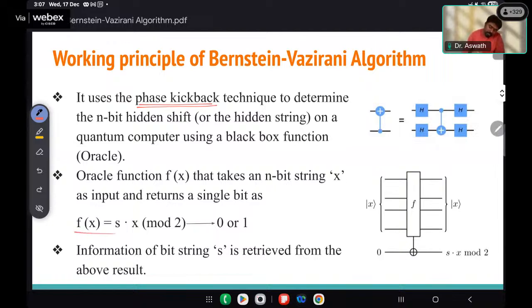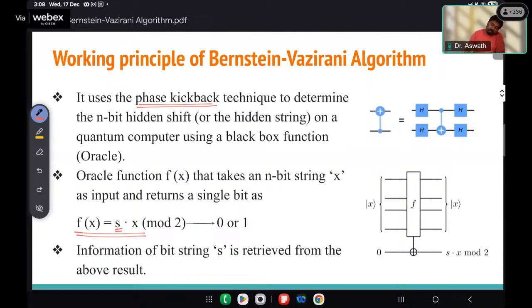That function is the shift multiplied bit by bit with the x argument string. The function value may go to 0 or 1 with addition modulo 2. Here, x is an argument, s is a shift, and bit by bit s and x get multiplied and added up, giving us the f of x value.